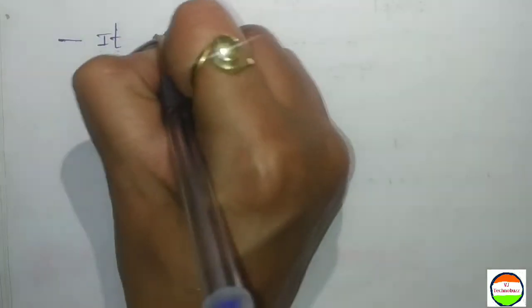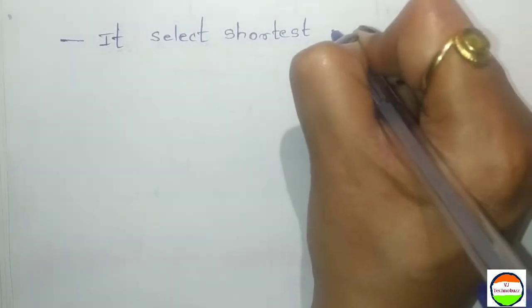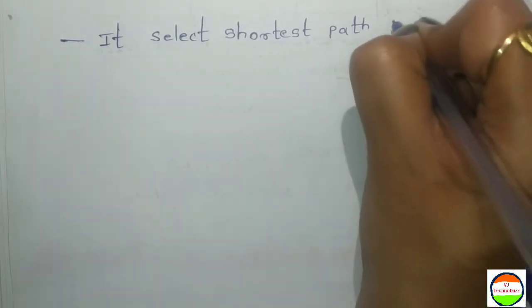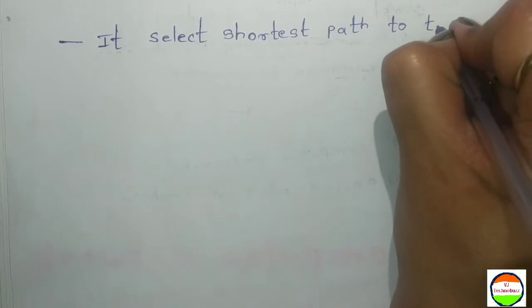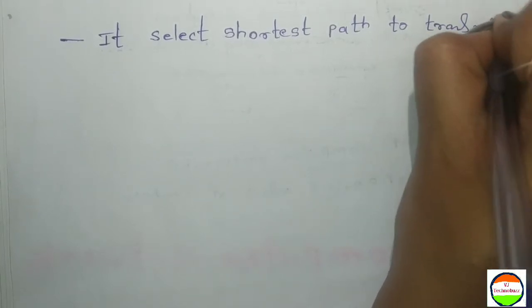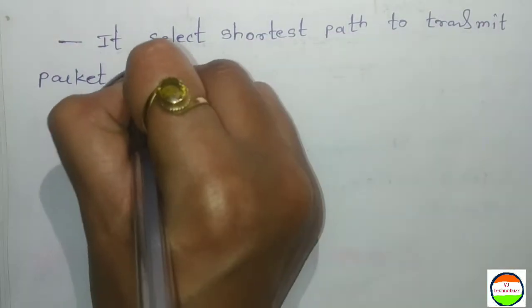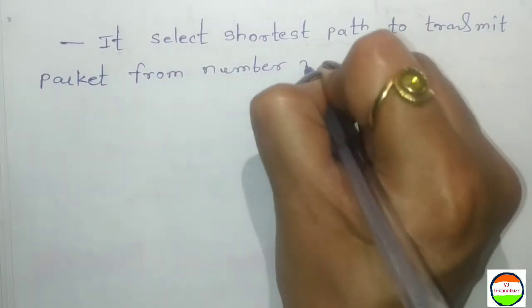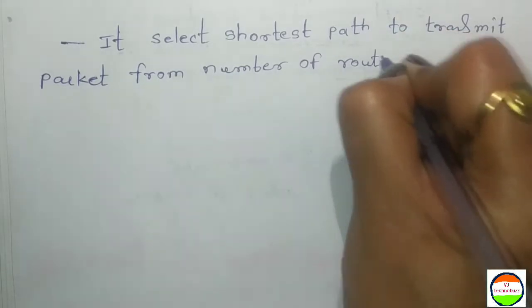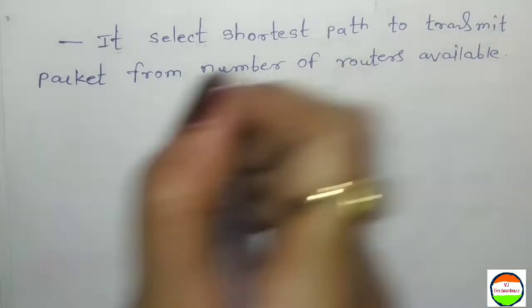It selects the shortest path to transmit packets from a number of routers available in the network layer.